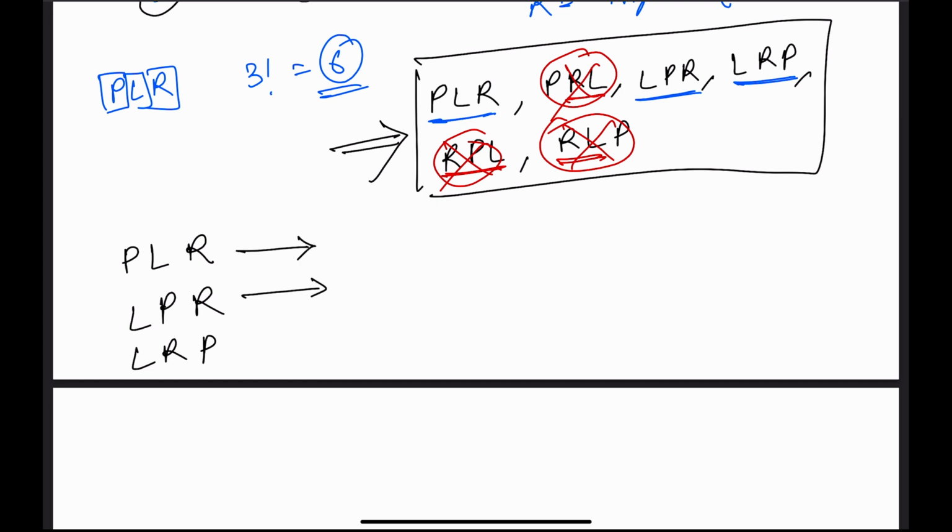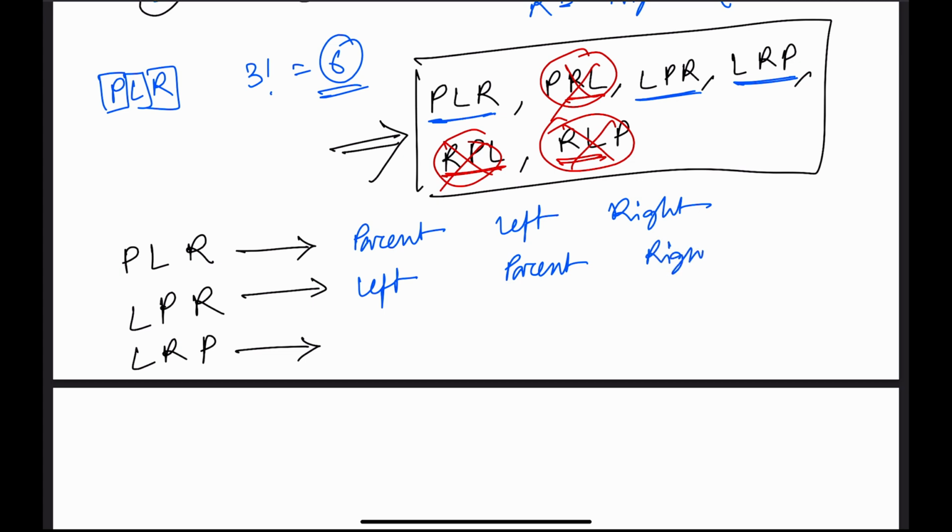That means parent, left and then right. Here it is left, parent, and then right, and here it is left, right, and parent.